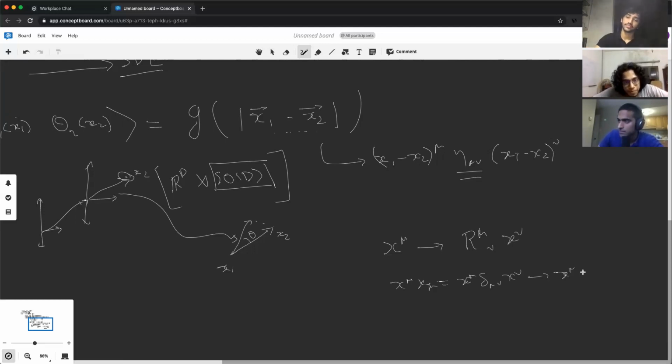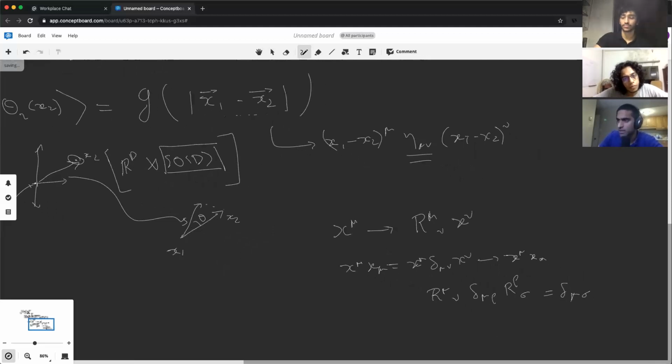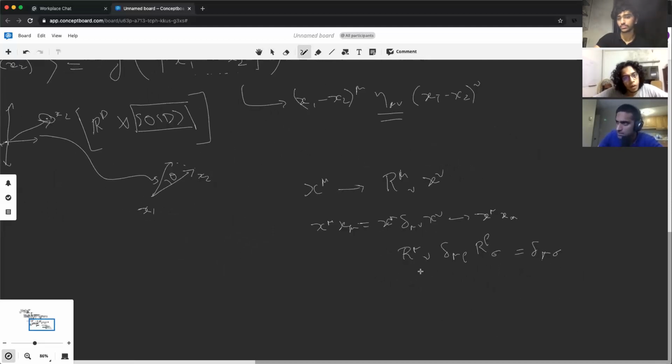Nothing happens to it under rotations, because of the property that defines rotations. So the reason you might see this little riddle of indices that someone might throw at you is to make sure that this happens. It's that lengths are preserved.